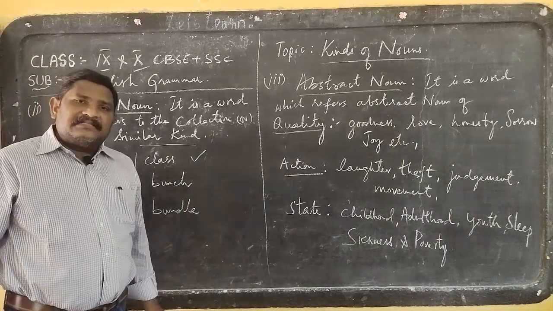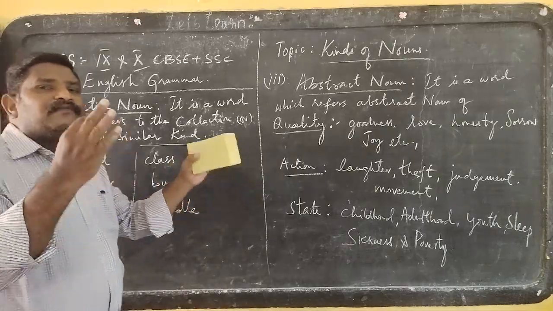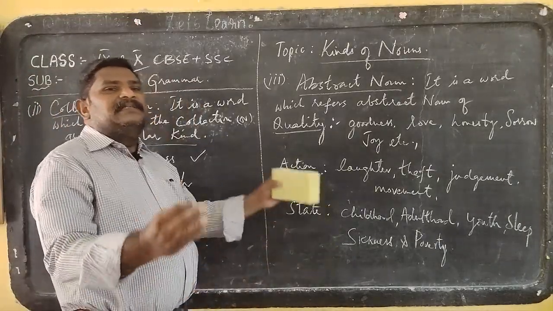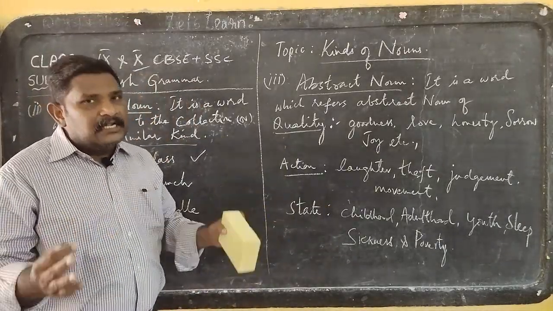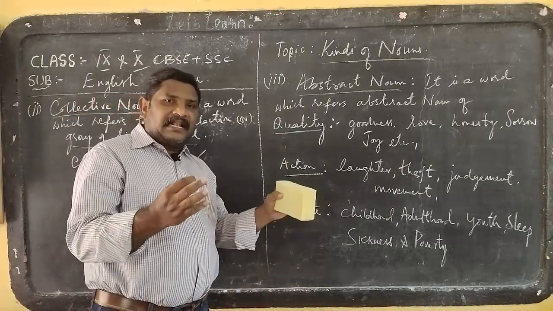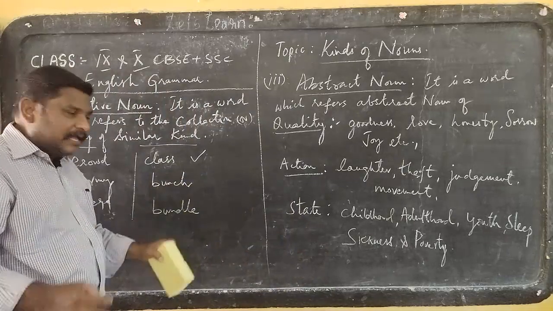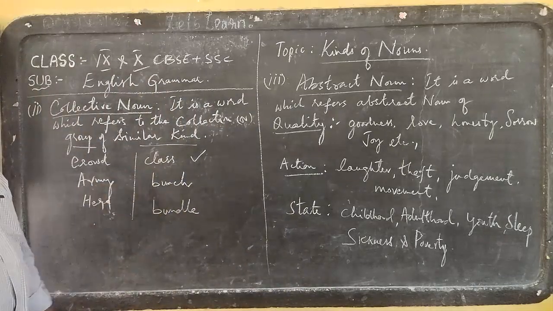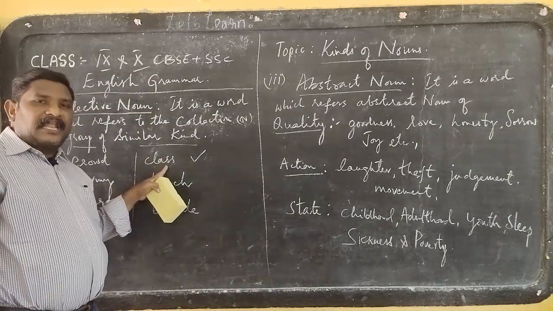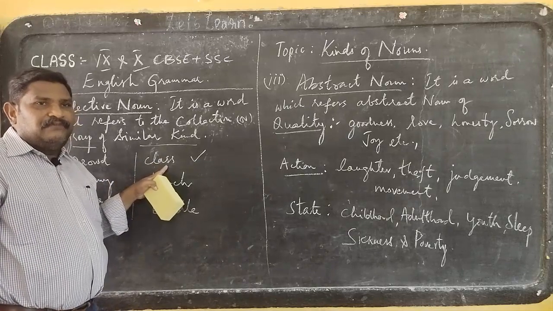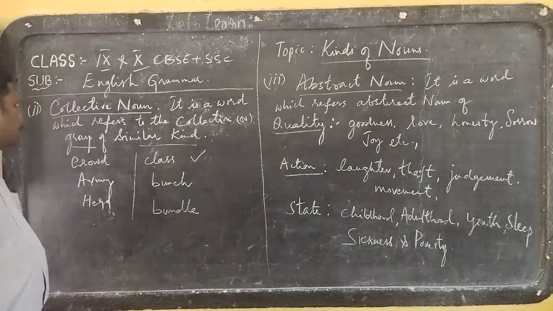When I say class, it is a collection of students. It could be a 6th class, boys and girls together. Or when I say 10th class, it's a class of boys and girls together. So class of students, class is a collective noun. Make a note, class is a collective noun.